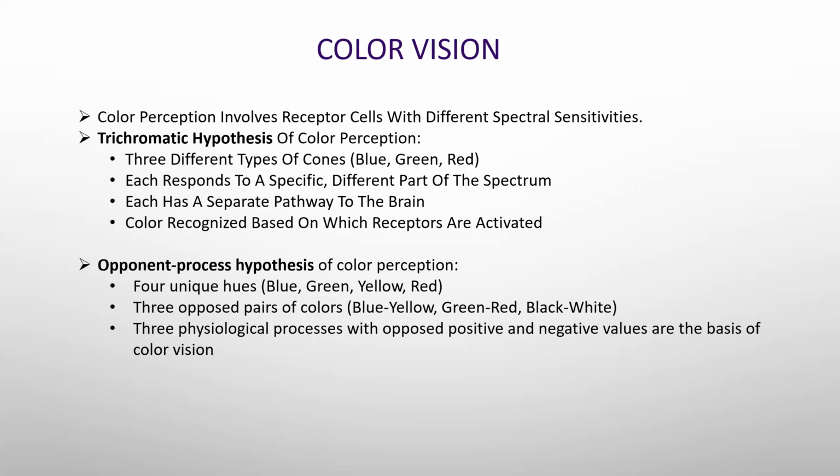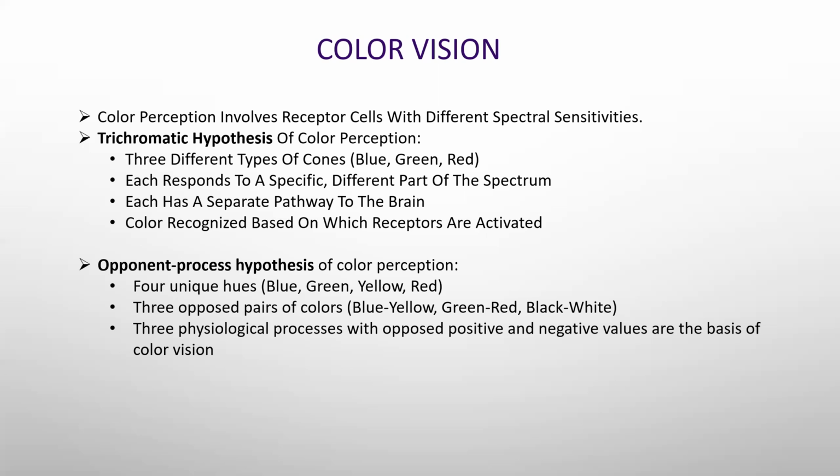Right? So some hypotheses here for color vision. Color perception involves receptor cells with different spectral sensitivities. One hypothesis is the trichromatic hypothesis. This hypothesis believes that 3 different types of cones exist, blue, green, and red. Each responds to a specific different part of the visual spectrum. Each has a separate pathway to the brain, and the color is recognized based on which receptors are activated. So very, very straightforward.